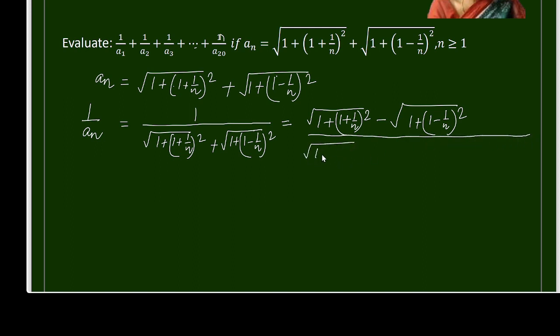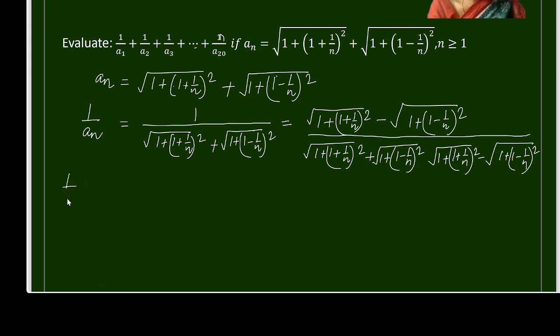So previously it was square root of 1 plus (1 plus 1 by n) whole square plus square root of 1 plus (1 minus 1 by n) whole square. I'll multiply with square root of 1 plus (1 plus 1 by n) whole square, and in between here it will be a negative sign, square root of 1 plus (1 minus 1 by n) whole square.